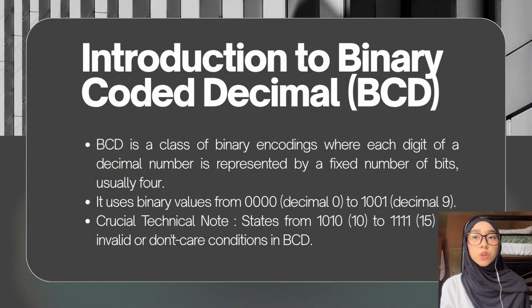So it uses binary values from 0000, which is the decimal number 0, to 1001, which is the decimal 9. Here is the crucial technical note: states from 1010, which is the decimal number 10, to 1111, which is the decimal number 15, are invalid, or what we say are don't care conditions in BCD.